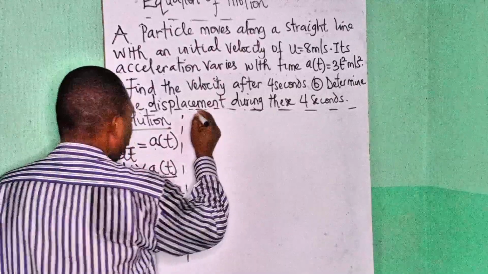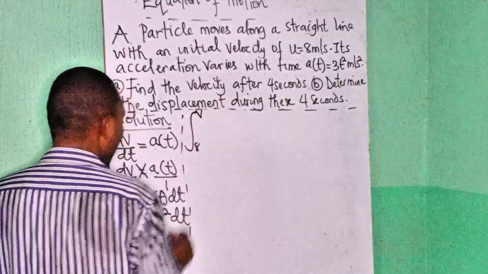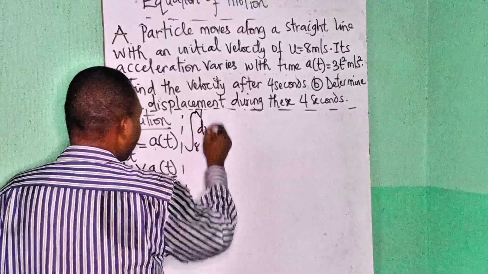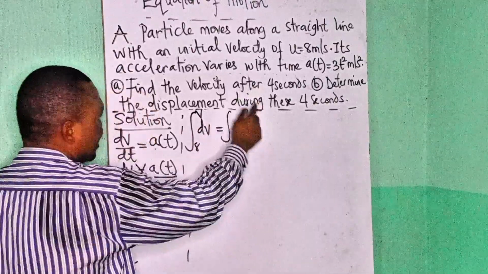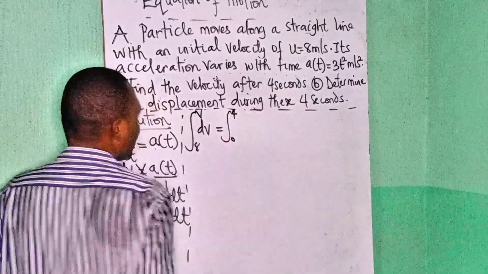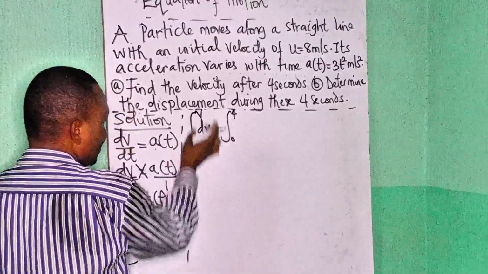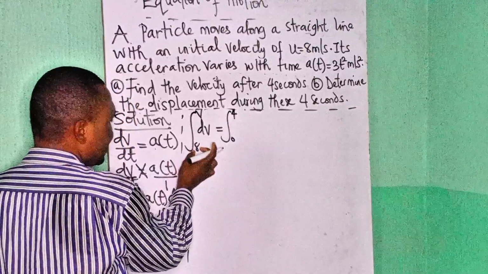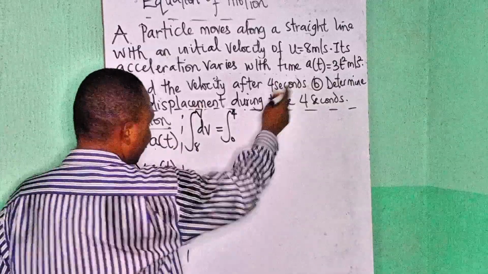So it's going to be an integral, as v goes from 8 to v. We are dealing with time here, so we're having 4 seconds. So it's going to be 0 to 4, that is 0 seconds to 4 seconds. And this is the velocity, 8 meters per second for the initial velocity, and v as the final velocity.